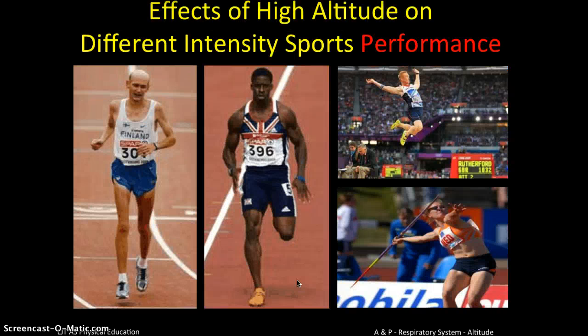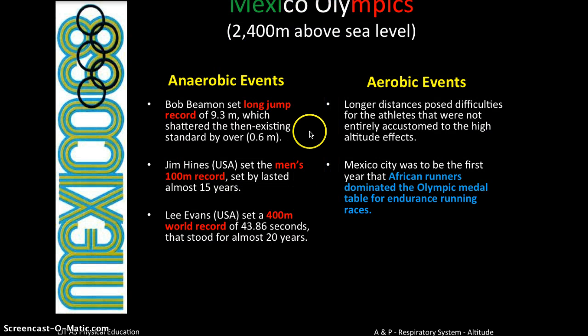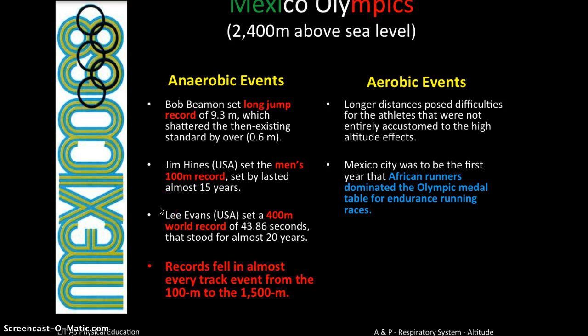Now, does altitude affect all types of physical activity or intensities of physical activity the same? Let's have a look. Mexico Olympics was held at nearly 2,500 meters above sea level, and what they found was that the anaerobic events like the long jump, 100 meters, 400 meters, all hit world records which lasted for years and years and years.